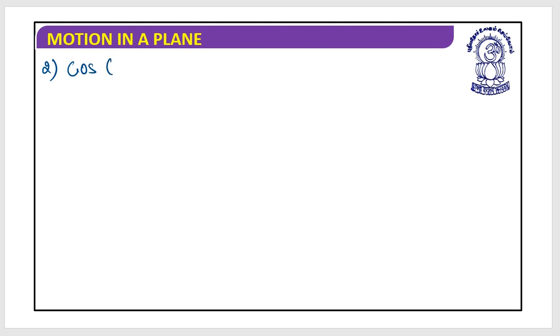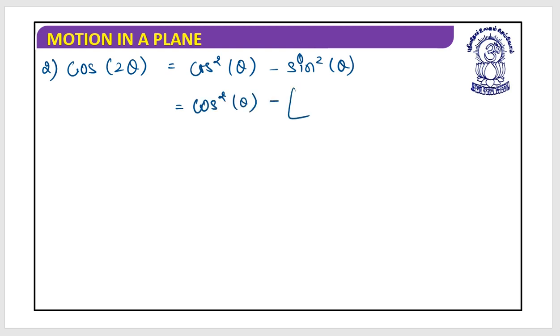Our relation was cos of double theta is equal to cos square half of the theta minus sine square half of the theta. Yes, so this is equal to cos square theta minus sine square theta, that means 1 minus cos square theta. So this is equal to cos square theta minus of 1 minus cos square theta.